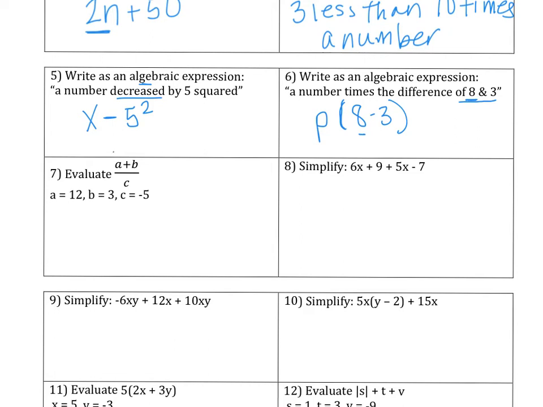So for a right here, we're going to put a 12 plus b right here, we're going to put a 3 over c, which is -5. Now we can solve it. 15 over -5, which equals -3.